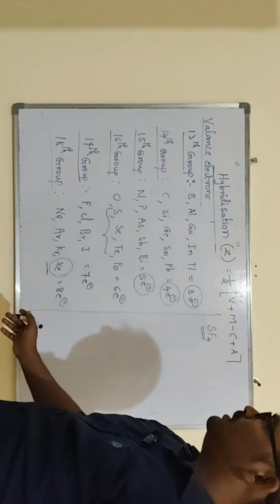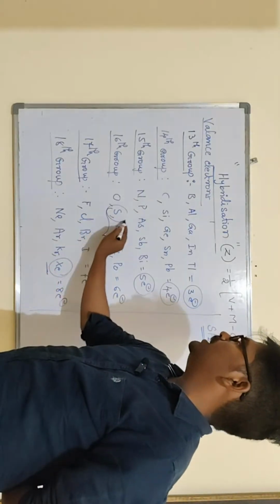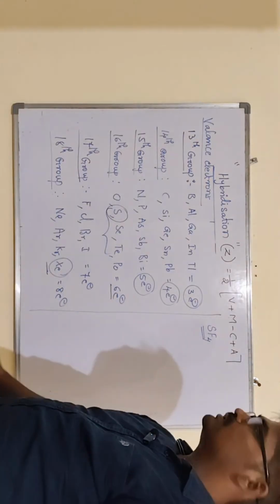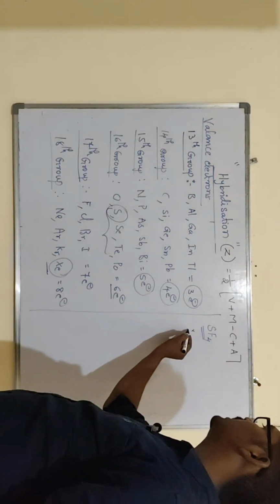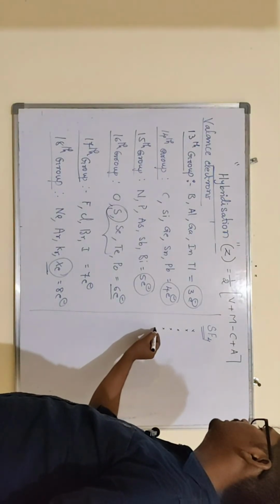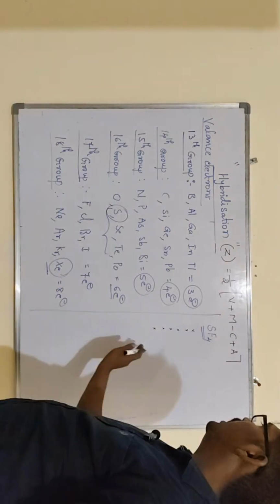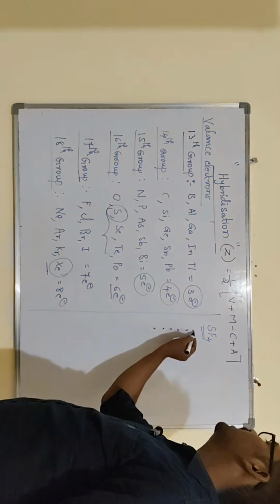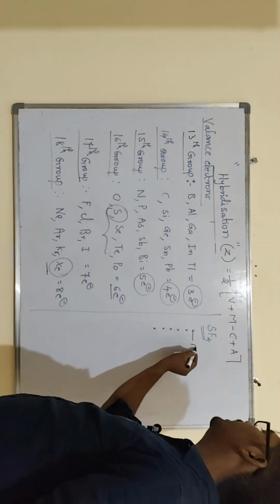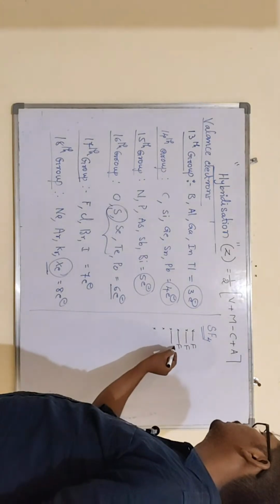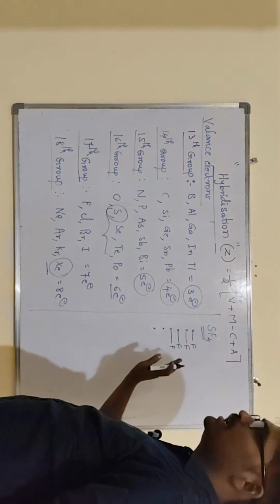Sulfur. Sulfur belongs to the 16th group, so the number of valence electrons is 6. Take 6 valence electrons: 1, 2, 3, 4, 5, 6. Now 4 monovalent atoms are there. Each electron combines with a fluorine like this: 1, 2, 3, 4. So 4 bonds it can form.